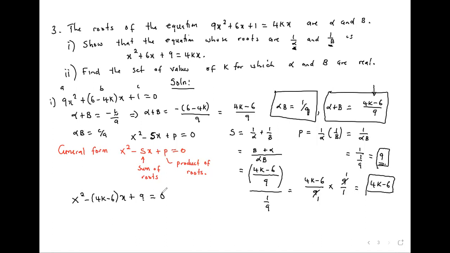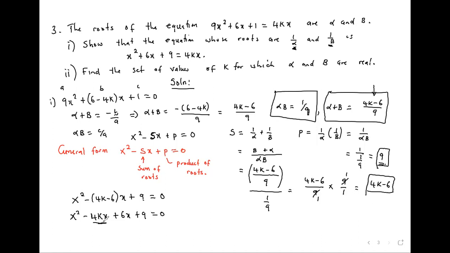So we expand, we'll get x squared minus 4kx plus 6x plus 9 is equal to 0.